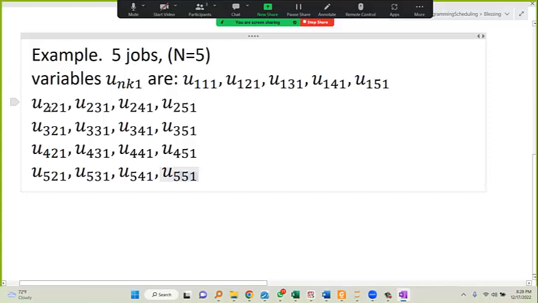So this one says that job 2 is in position 2. Job 2 is in position 3. Is this a complete list then? Do we still have another list? Well, I still don't understand why there are 5 here and only 4 here.